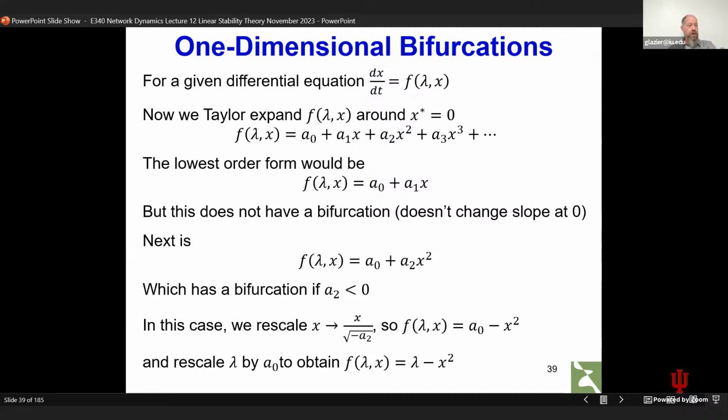And so we can rewrite this by dividing through by a2. And so then f of lambda comma x has the form lambda minus x squared. So clearly, in this case, if lambda is 0, minus x squared is always negative. If lambda is positive, then there's some finite value of x at which lambda minus x squared is 0.